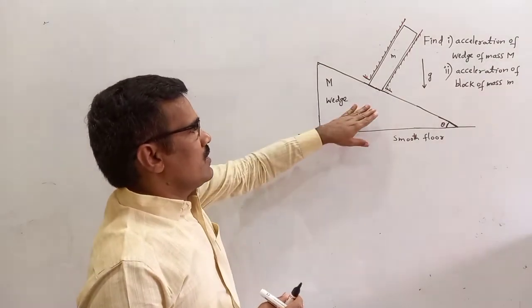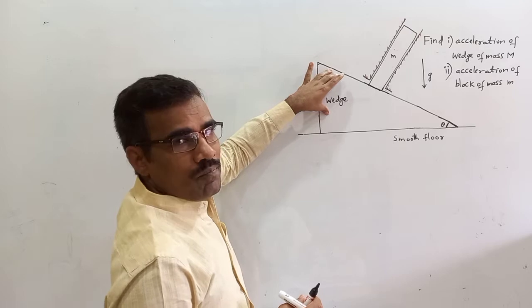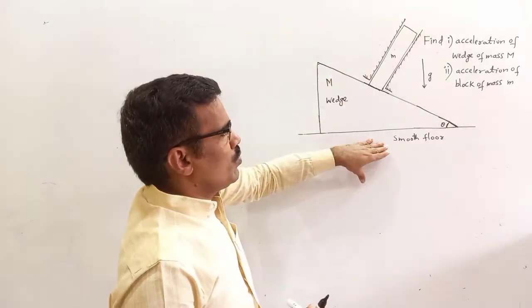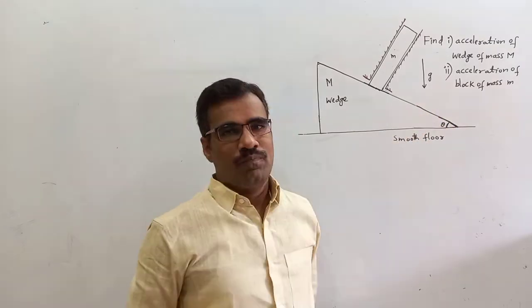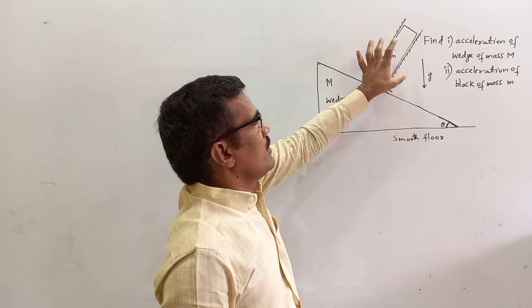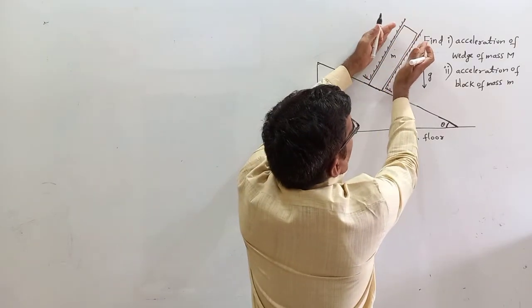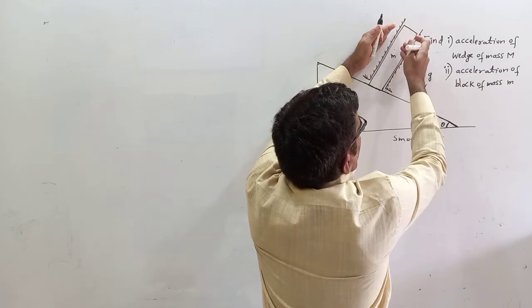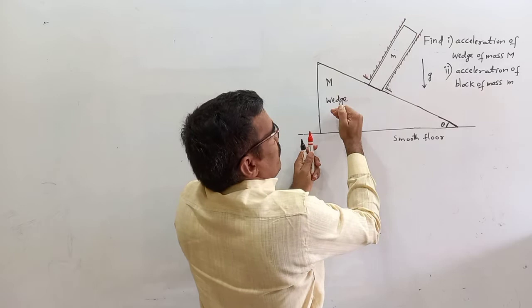Students, let us consider one wedge of mass capital M kept on a smooth horizontal surface, making an angle theta. Here a block of mass small m is kept as shown in the figure. This is the rigid support, so the block small m is pressed on the wedge.